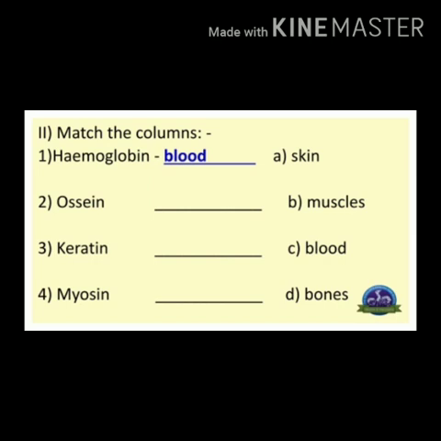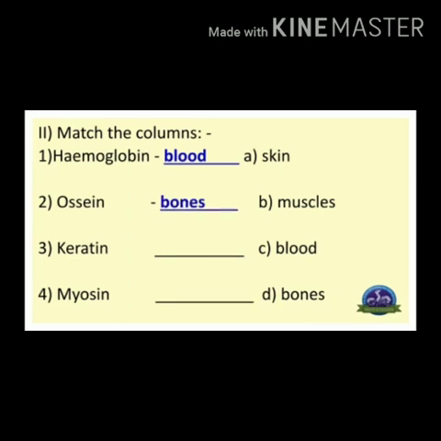Now let's see second match the column, ossein. Amino acids is converted into ossein for enlargement of bones. So, answer is bones. Write down option D, bones. Third match the column is keratin.